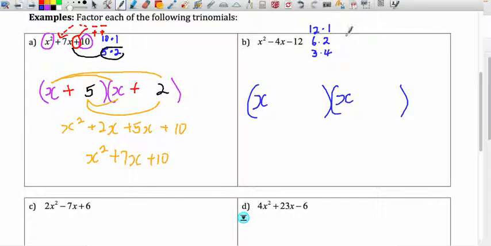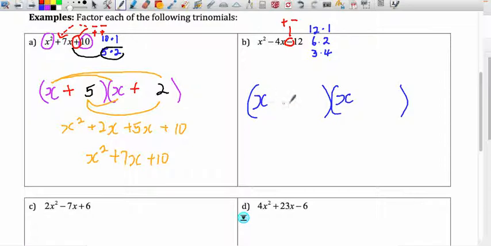So we have three possible options. And again, what makes this a little bit trickier, of course, is that we have a minus sign, and that indicates that in order to get a minus, we've had to have one plus multiplied by a minus.